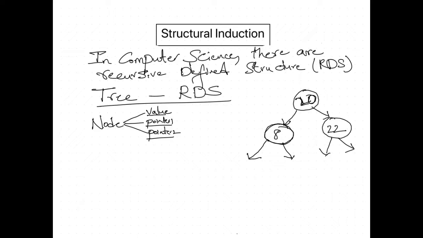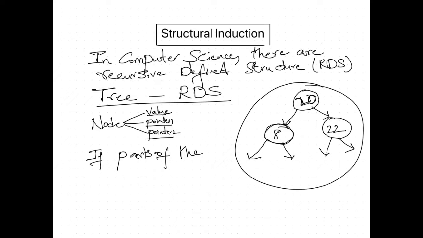So every node has got its own proper pointers and values. So what does it mean? If parts of this structure, now what is this? It is a total structure, right? This is a total structure.